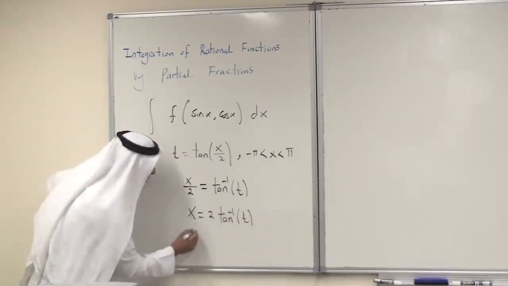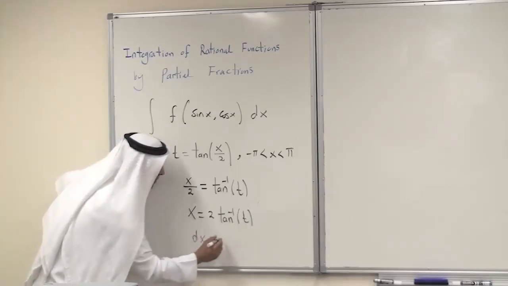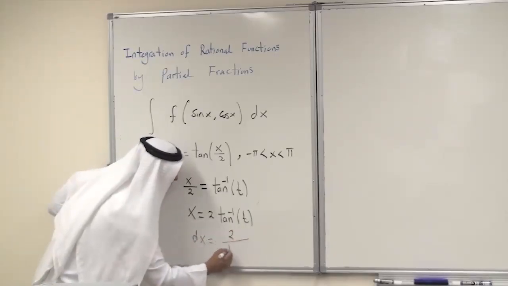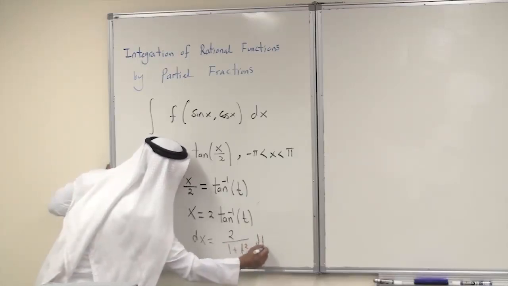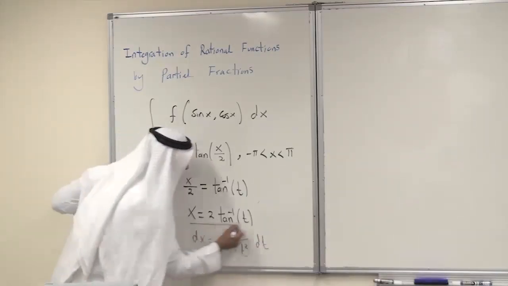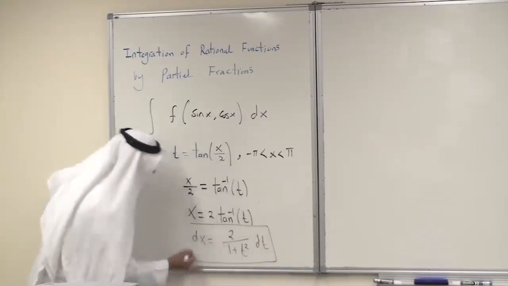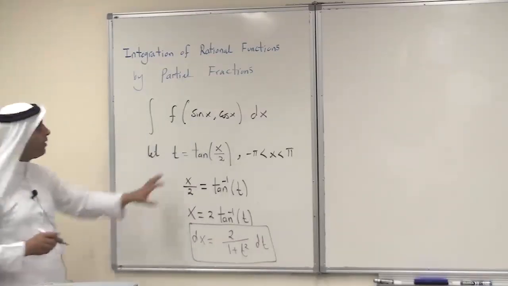What is dx then? dx will be 2 over 1 plus t squared dt. This is the first thing we need to replace in the integrand.